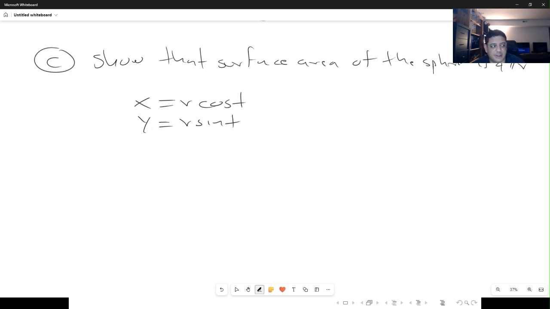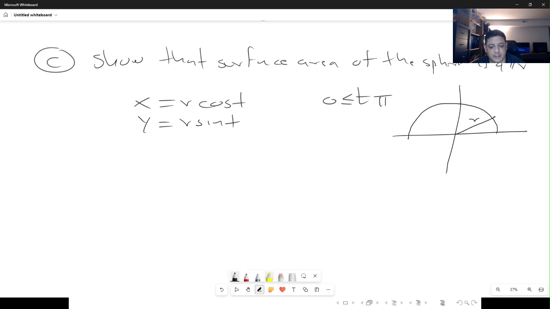Notice that if you have a semicircle, t is going to be from 0 to pi. And so what this is doing is simply taking this piece of a circle of radius r, and what we're going to do is, of course, rotate this. And so when we rotate this around, we're going to have a sphere. Okay, so we're going to rotate this semicircle around the x-axis.